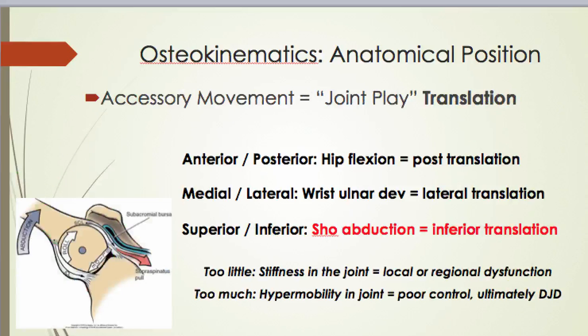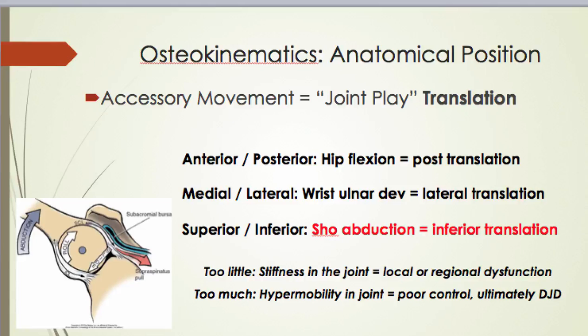Moving on with further information about that, we also call that joint play, right? Joint play can be found by putting your hands on patients and seeing how much motion you can move the joint in the direction that it should go.